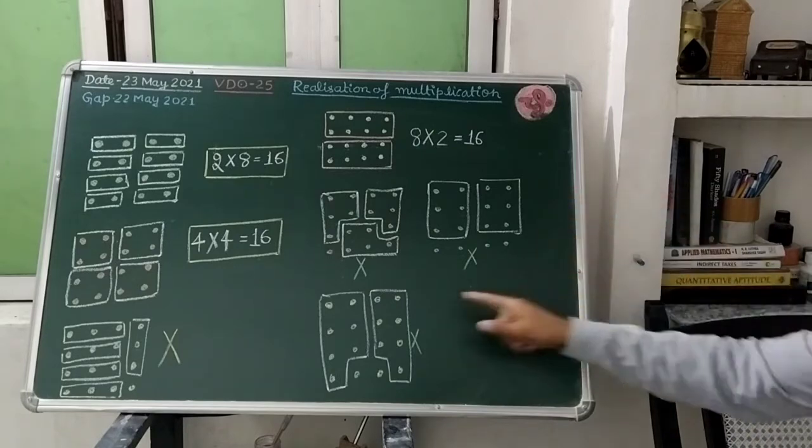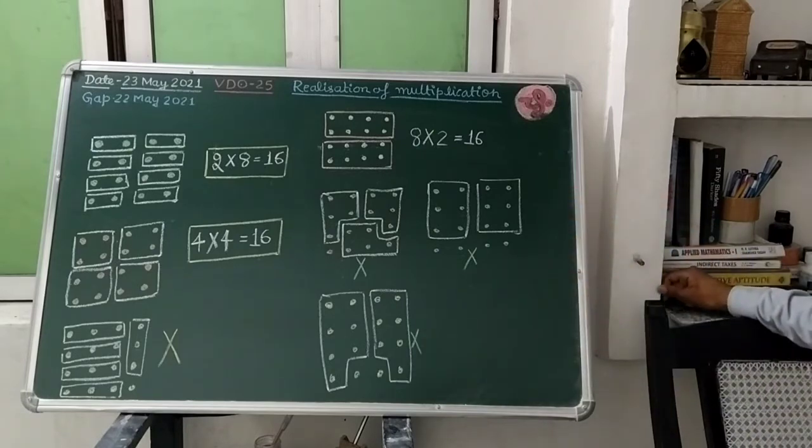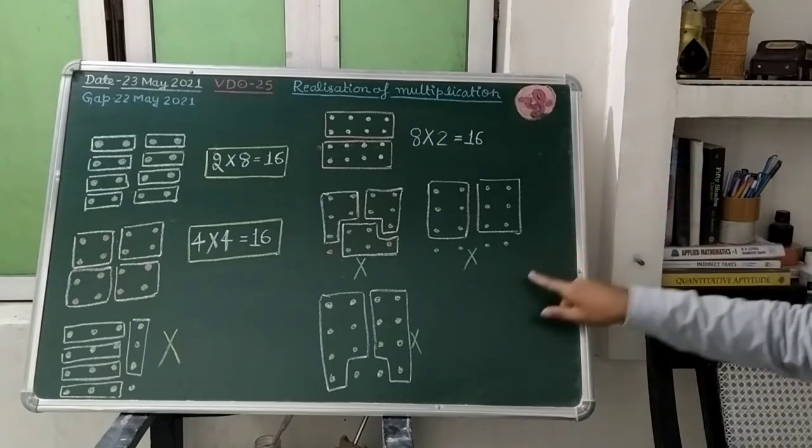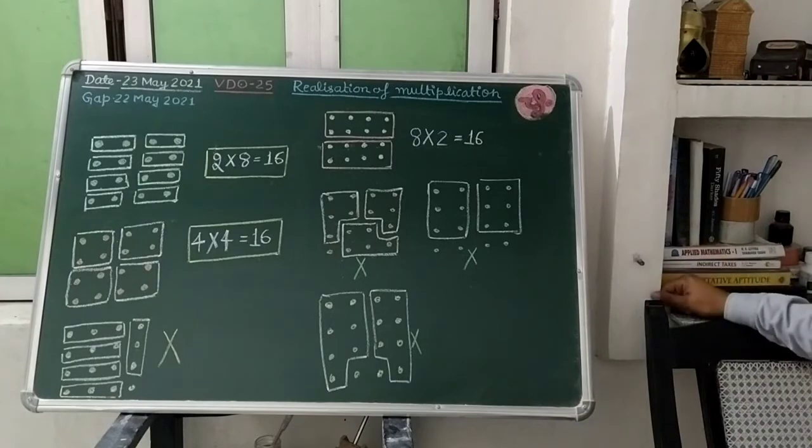So in these observations we are seeing that since all the dots are not grouped, we will not talk about this here. These would give us decimal multiplication. So we are not talking about decimal multiplication, so we shall not select these ones.